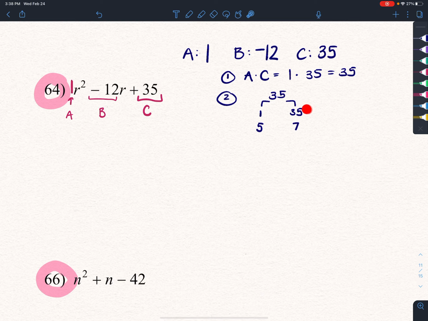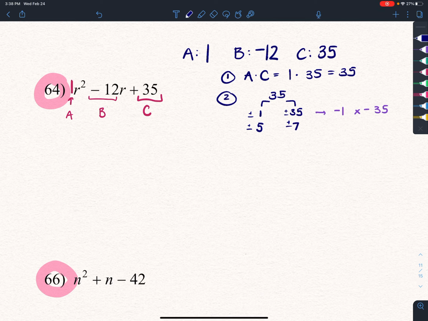Our factors here, there is more than just 1 times 35 that will give me 35. I can also have negative 1 times negative 35, and that will also give me positive 35. So now what we have to think about is always the plus or minus of all of these factors.